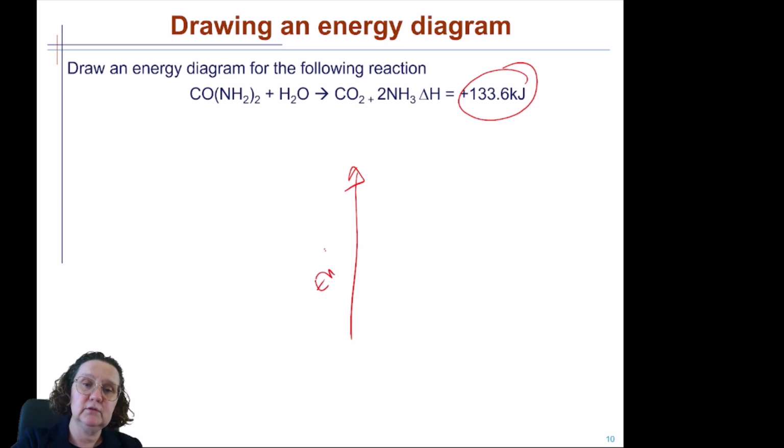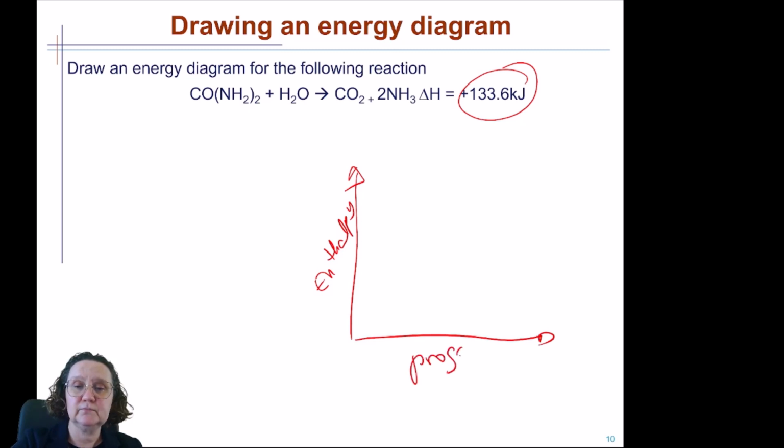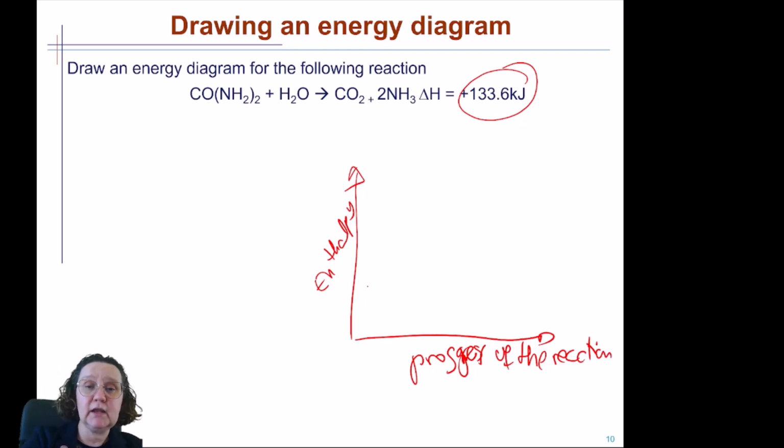So when I draw my energy diagram, I put enthalpy here, and I put progress of the reaction here. Then I draw a line, and these are going to be my reagents: the urea, NH2, plus H2O.